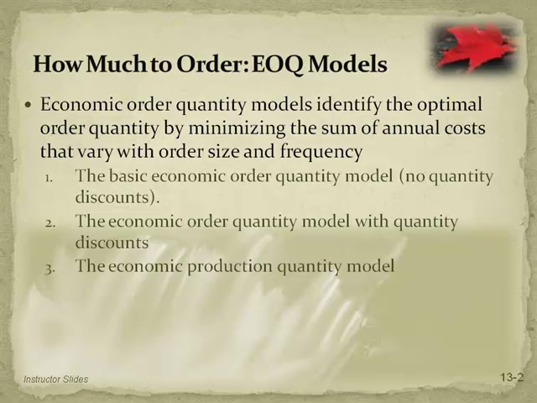One is to look at the verbs in the problem statement. So if the verb uses purchase or order or perhaps buy, all of those verbs are indicative of an economic order quantity, that we're ordering something from another company.